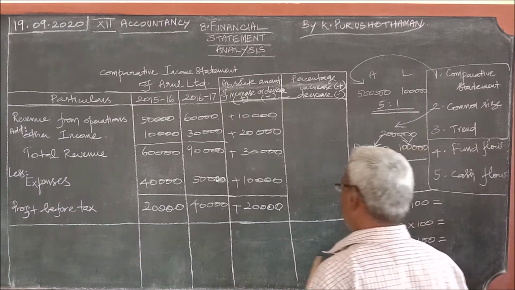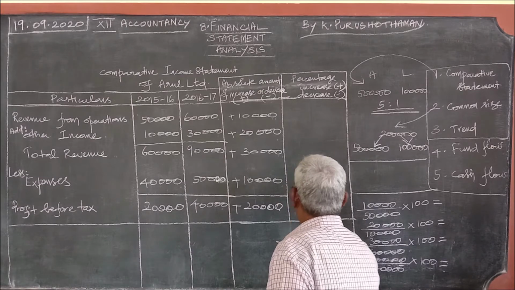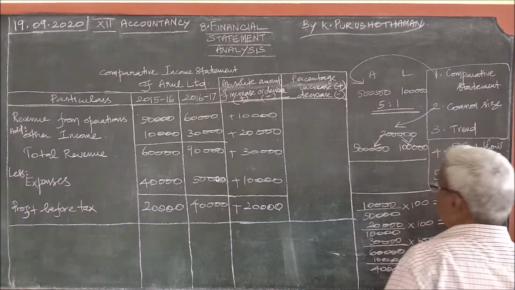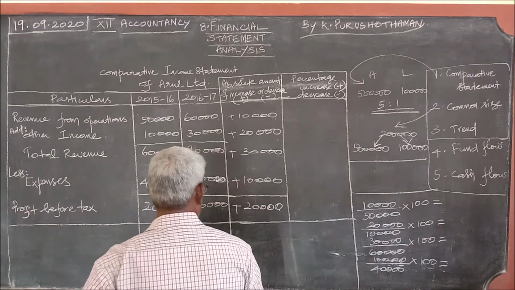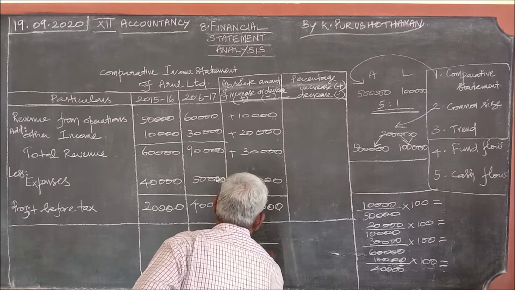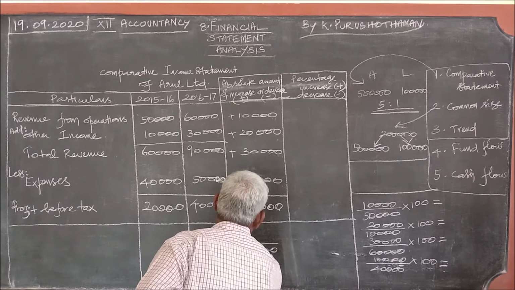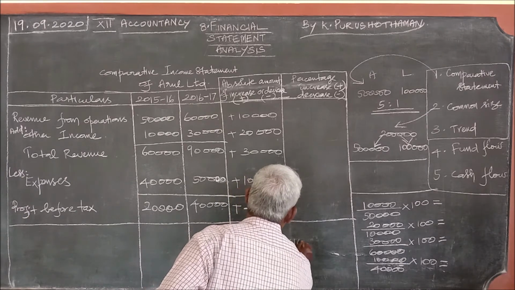And finally, the last figure, regarding the profit: for 20,000, the increase is 20,000. How much for 100?